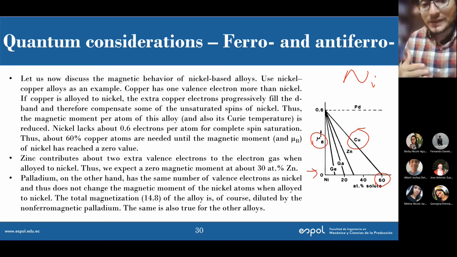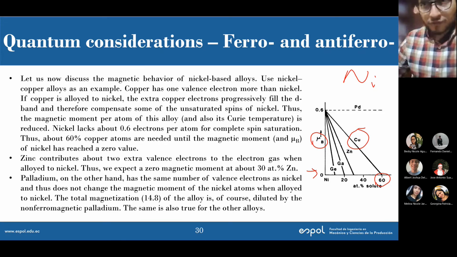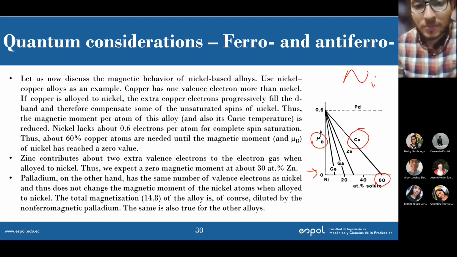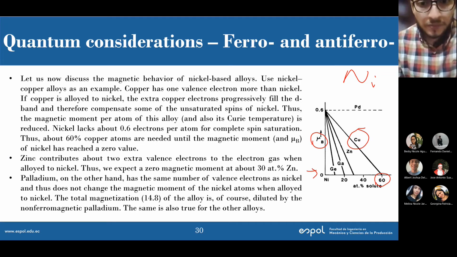But you can definitely see that if I don't have 60 atomic percent, let's say I have 50 compared to 20, you can see that the number of Bohr magnetons is decreasing, and obviously the Curie temperature is also decreasing. Look at zinc. Zinc has 2 extra electrons, right?